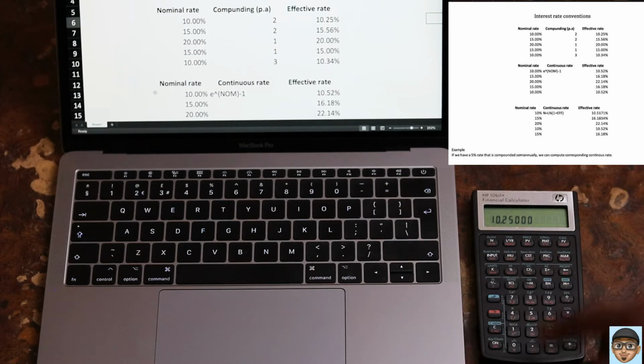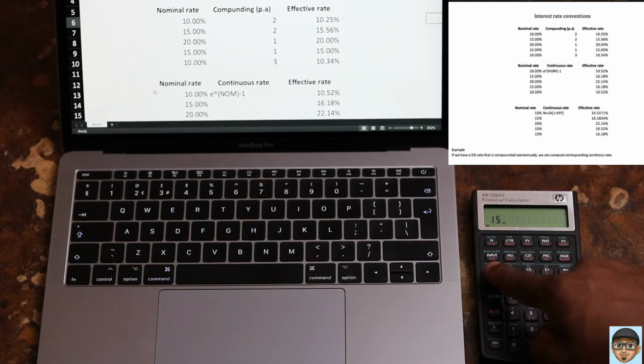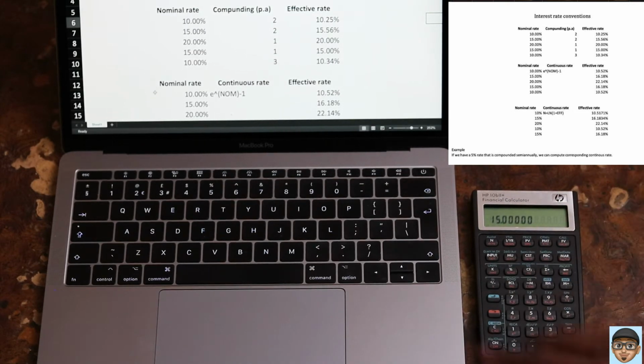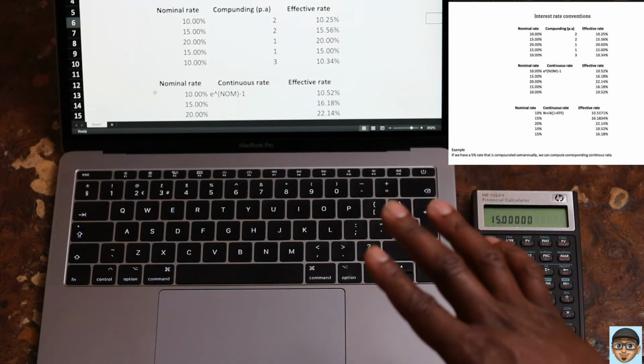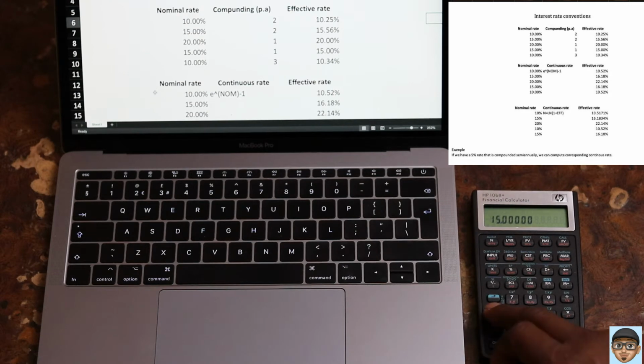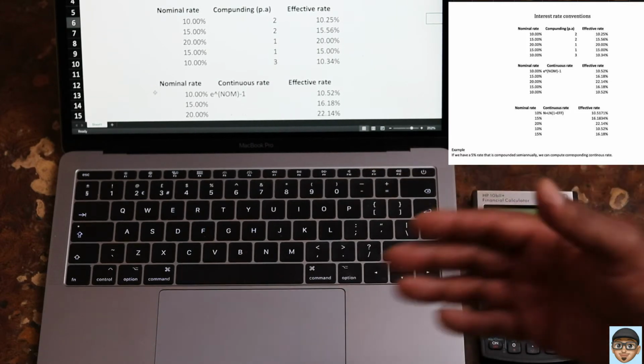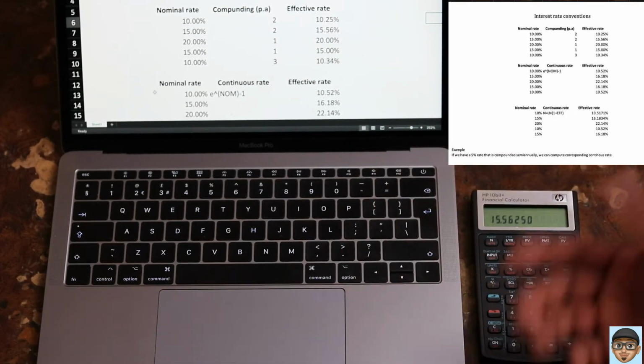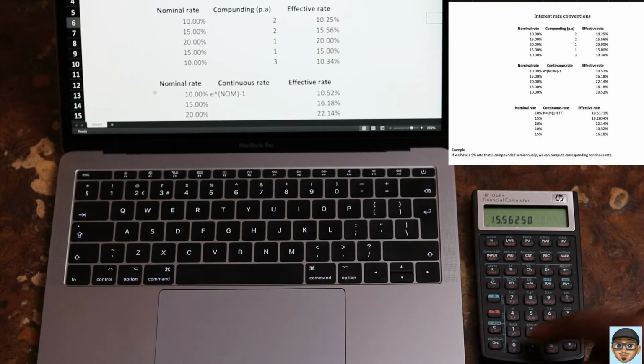We can use 15% as another example as a nominal interest rate with the same semi-annual compounding for 1 year, and then this is the answer that you see. For instance, we can also go from 2 payments per annum to 3 payments per annum.